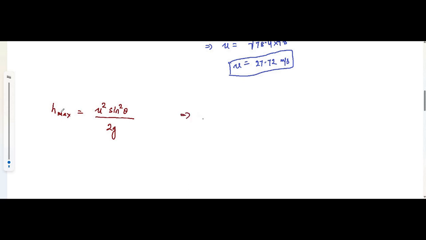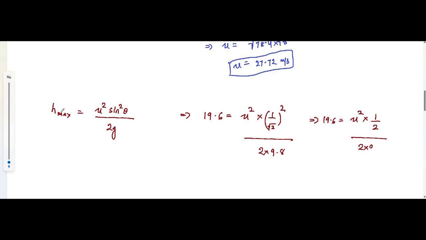So here maximum height is equal to 19.6, which is equal to u square into sine 45 degrees, that is 1 by root 2, whole square, by 2 into 9.8. So that implies 19.6 is equal to u square into 1 by 2 by 2 into 9.8.